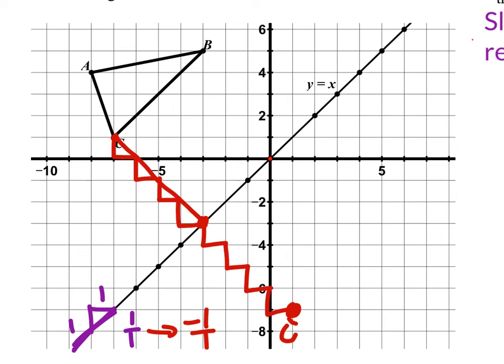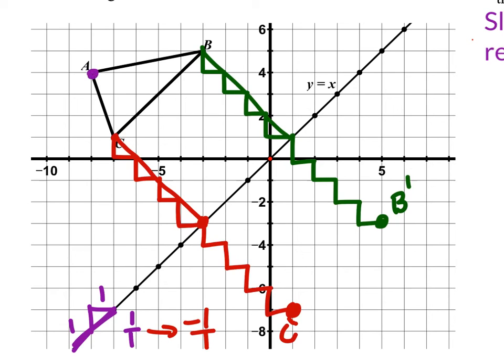I'm going to do the same thing with B. So how far away is B? 1 step, 2 step, 3 step, 4, and that creates this line. And we're going to do it the same on the other side. 1, 2, 3, 4 steps, and that is where B prime would be.